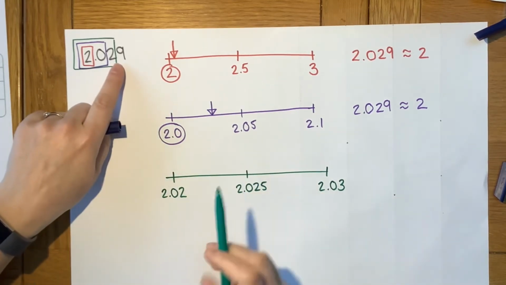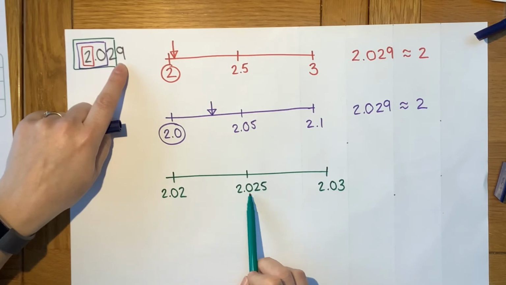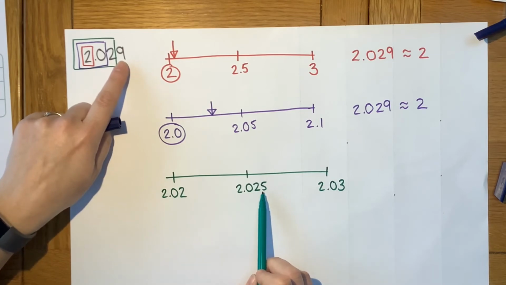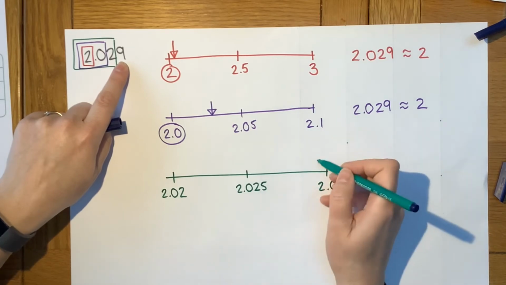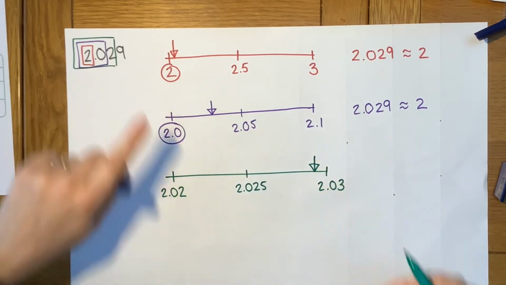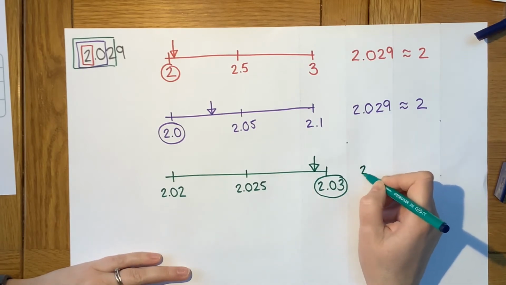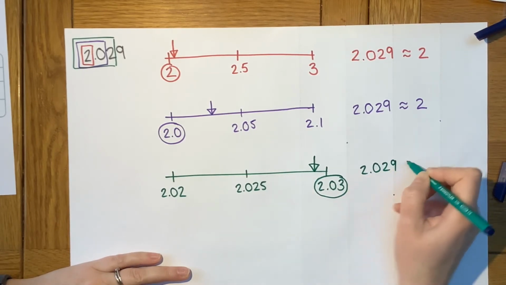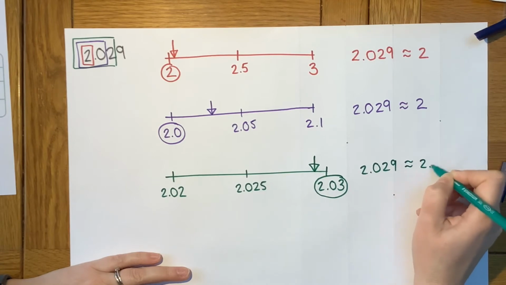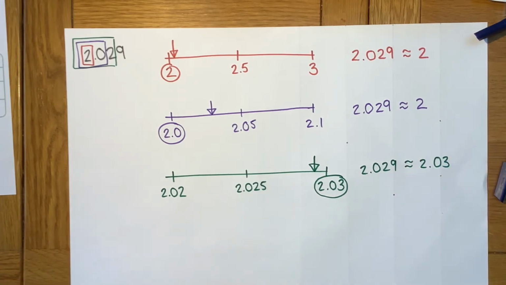Now 2.029, we've got 9 thousandths here and only 5 thousandths there, so it's going to be definitely up here somewhere, which means it's going to round up. So 2.029 rounded to the nearest hundredth is 2.03.